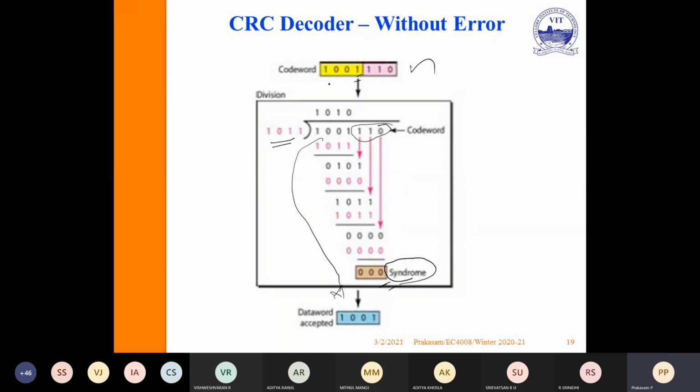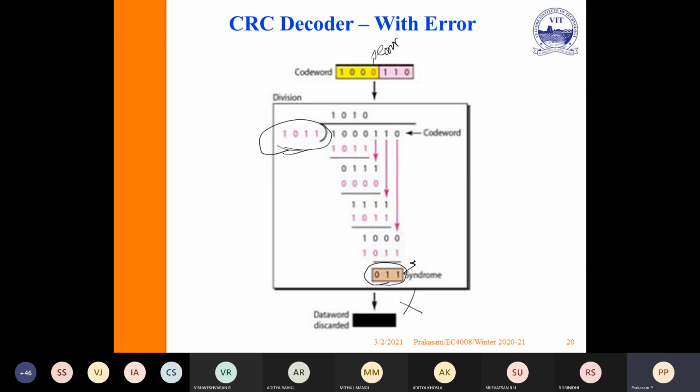For example, this is the code word. 1001 is the data, and this is the CRC value. If an error occurs in the CRC, here also I won't get 0 as the syndrome. I will get some non-zero value like this.